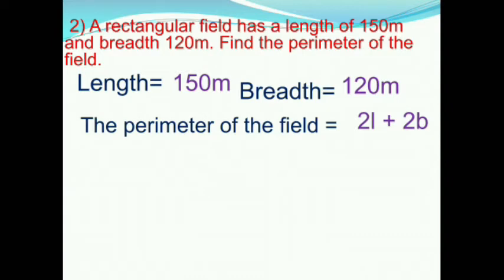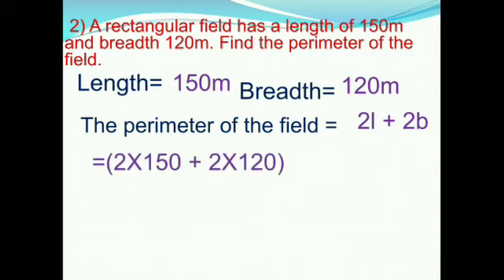The perimeter of the field is 2L plus 2B. L means length, B means breadth. Length is 150 meter, breadth is 120 meter. Now we should multiply length and breadth by 2 and add it.